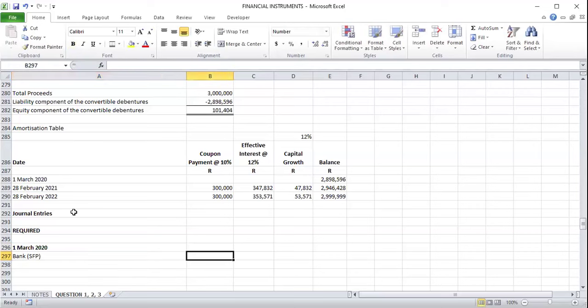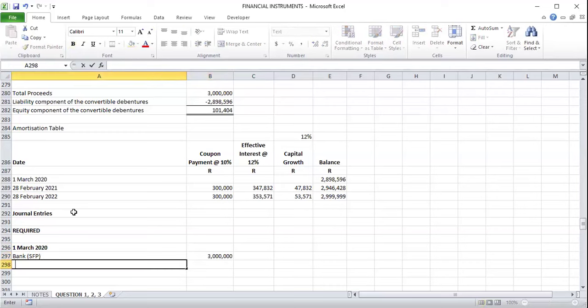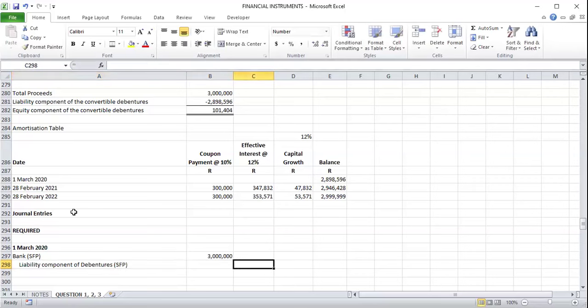Now, when you issue debentures, you receive money on the date of issue. We'll receive the 3 million. Then we'll credit liability component of debentures, which will be this one, the present value that we got there.